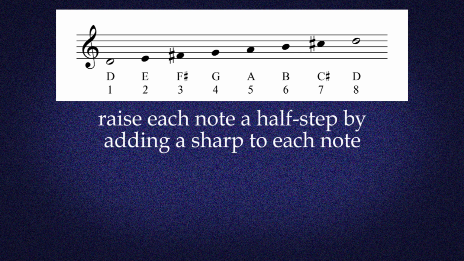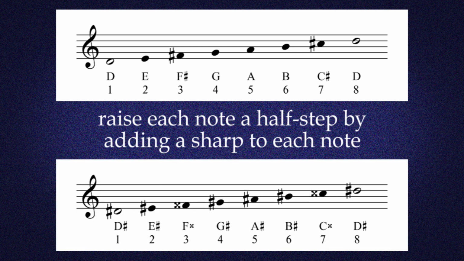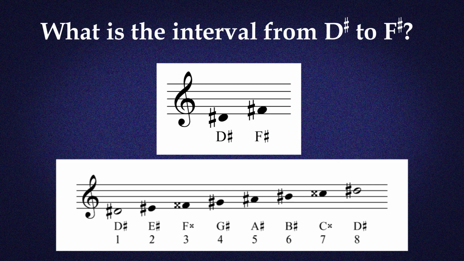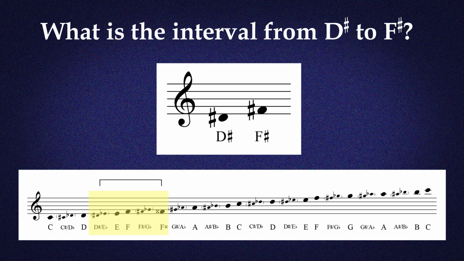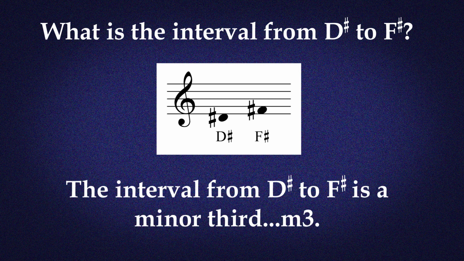The notes will end up being D sharp, E sharp, F double sharp, G sharp, A sharp, B sharp, C double sharp, and D sharp. Now I can find an interval that starts on D sharp. The letter F is in the 3rd position, and I have to lower F double sharp to get to F sharp, so it is a minor 3rd. It's a little harder to keep up with because of the double sharps, but it does work.